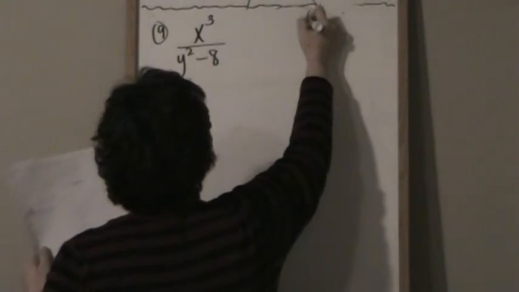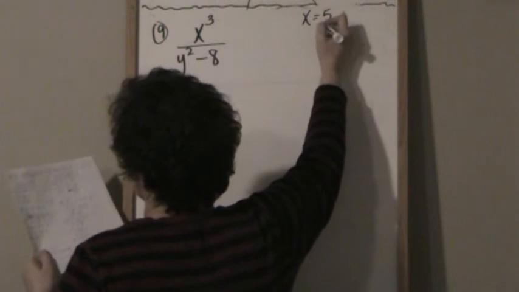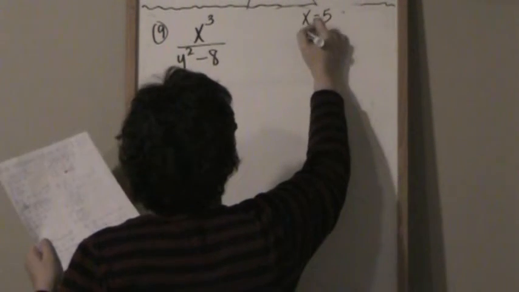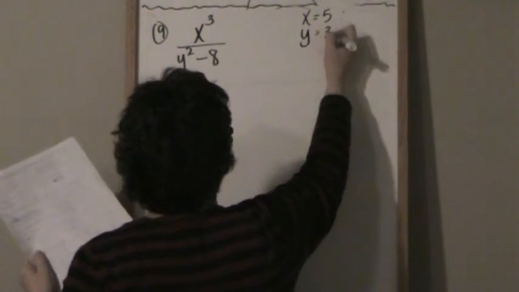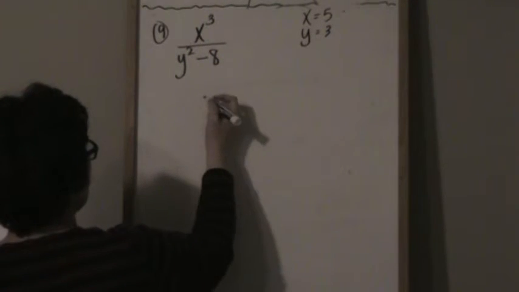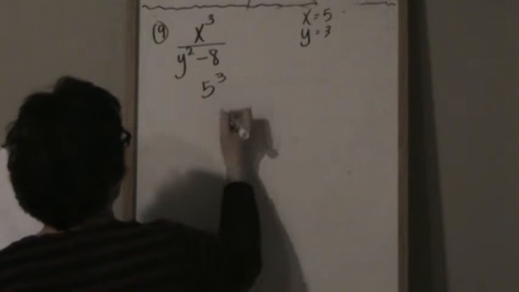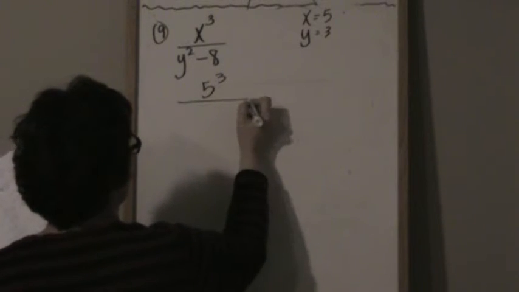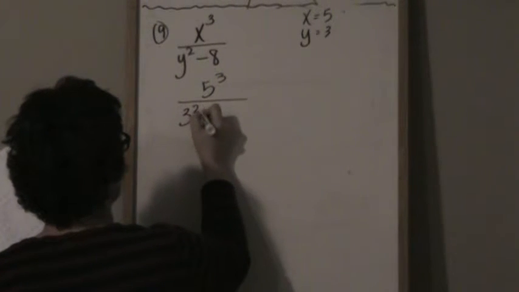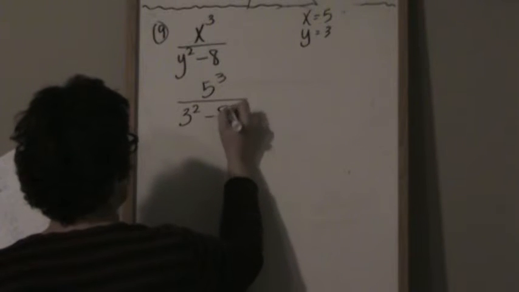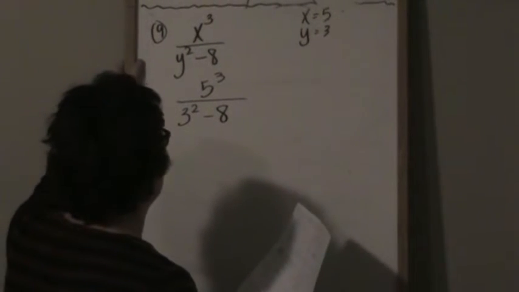If x is 5 and y is 3, so this becomes 5 to the third power over 3 to the second power minus 8.